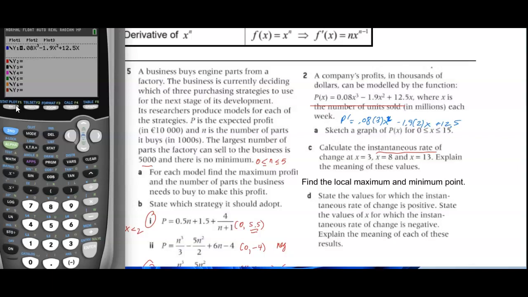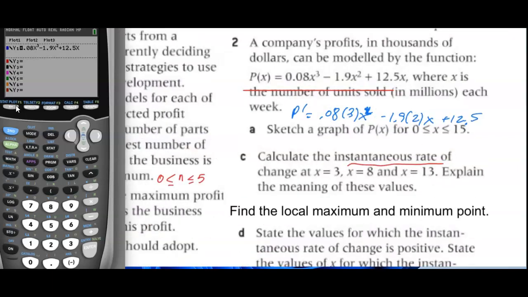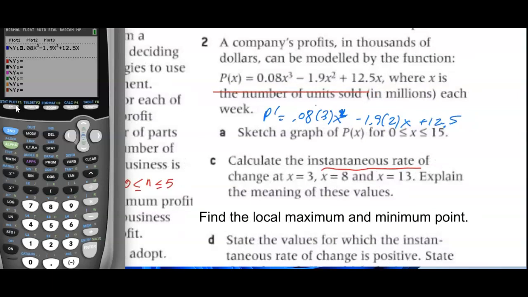Now you could simplify this, right? I could multiply the 0.08 and the 3 and I would get 0.24. I could multiply the 1.9 and the 2 and I would get 3.8. Now I'm going to type this in the calculator into y2 because the derivative goes in y2.